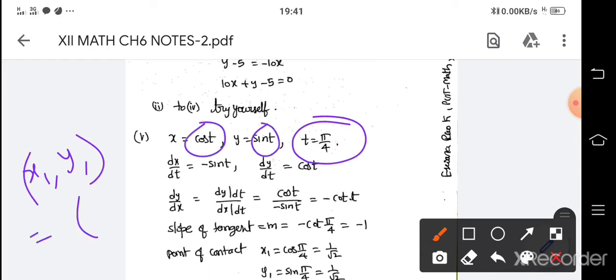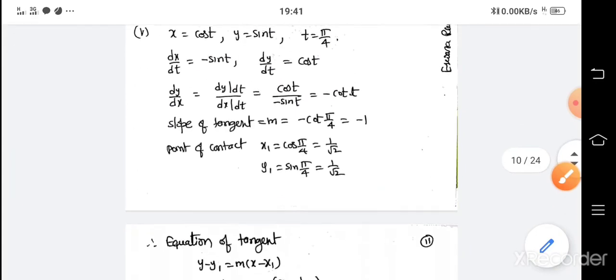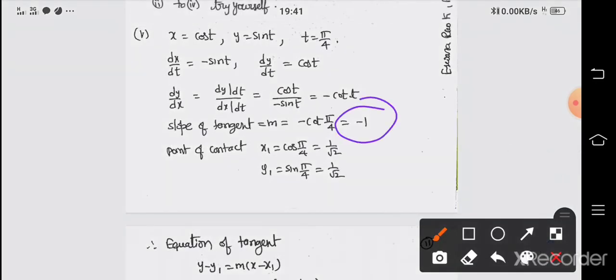X is equal to cos pi by 4, which is 1 by root 2, y is equal to sin pi by 4, also 1 by root 2, sin 45 degrees. So that is the point of contact. Point of contact we got it, slope we got it. Using that you find out the equation of the tangent. Y minus y1 is equal to m into x minus x1.